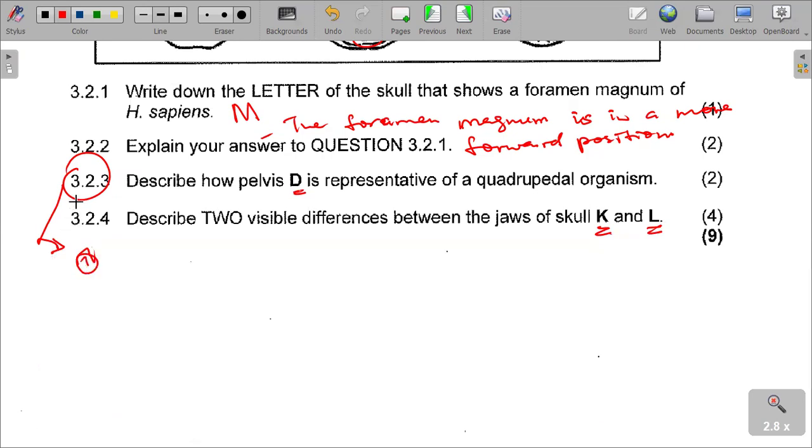In terms of the differences, one, what we can say is that the canines of skull K are short, while those of L are long and pointed.